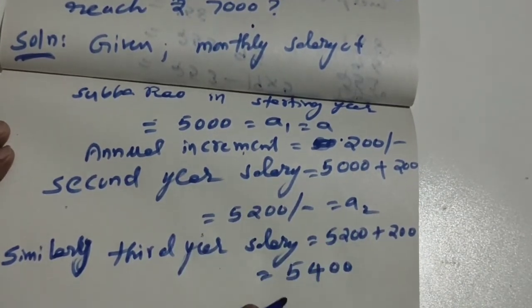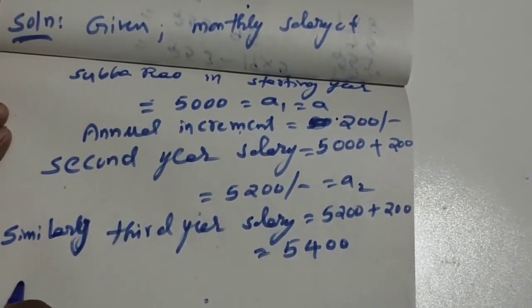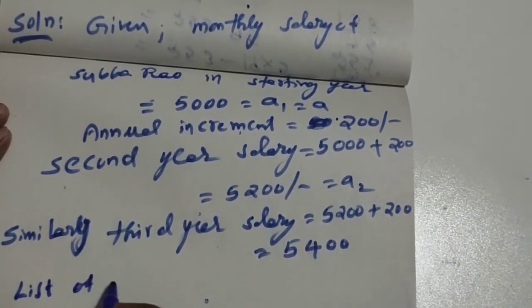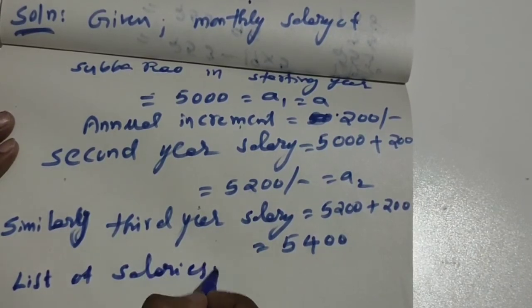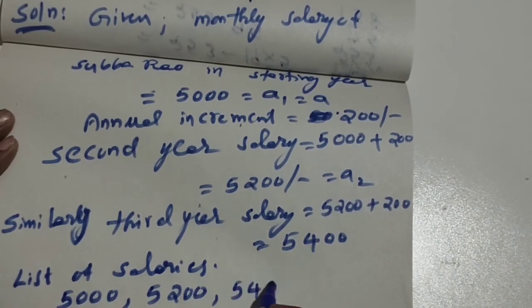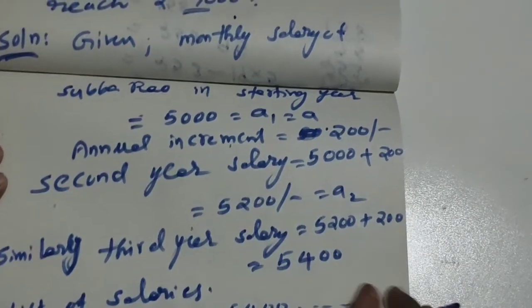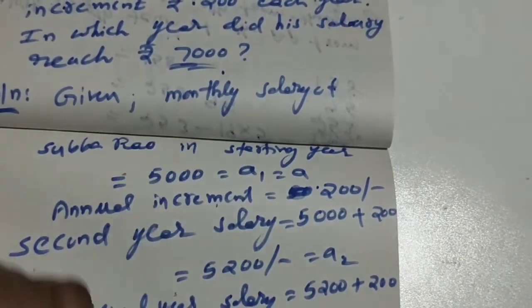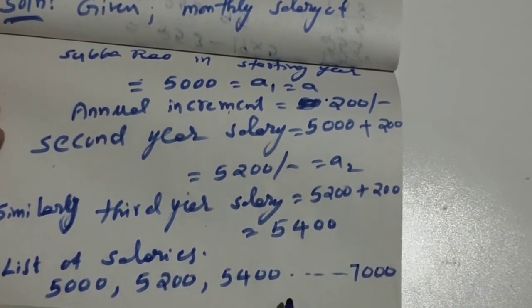Already we did like this example. Okay, so now we'll write the list of salaries. Okay, what are the numbers? 5,000, 5,200, 5,400 and so on. They give the last one, that is 7,000. So here till we have to write 7,000.